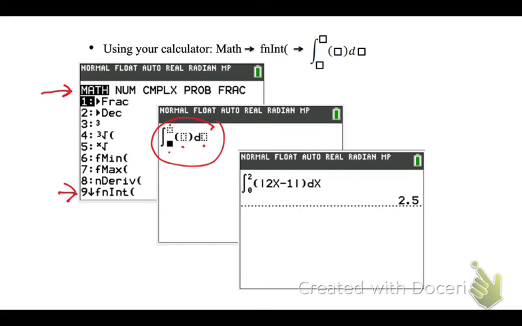So, how about we do 3x to the 1/2? Our second example was from 1 to 4, right? You're looking at it on your piece of paper, 1 to 4, a, b. Now the equation was 3x to the 1/2.